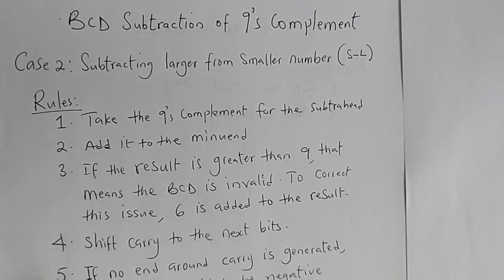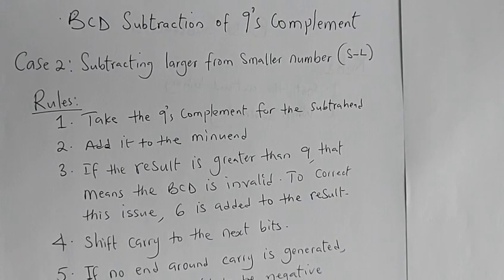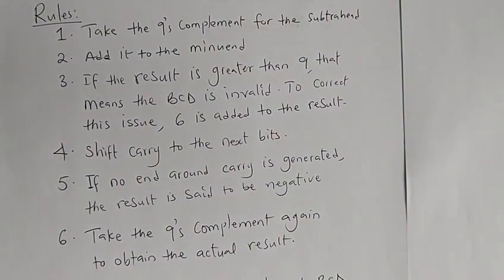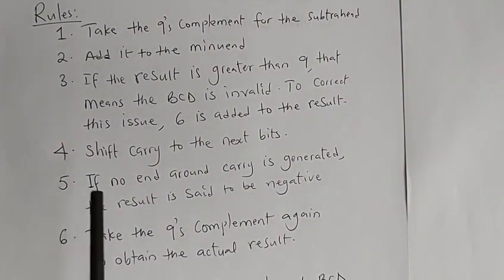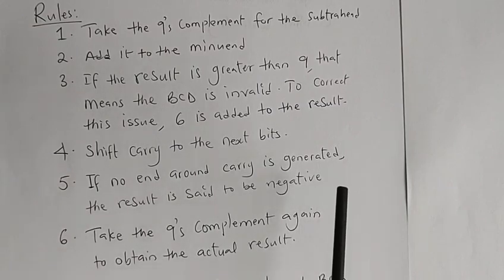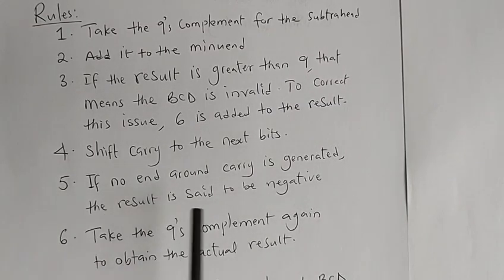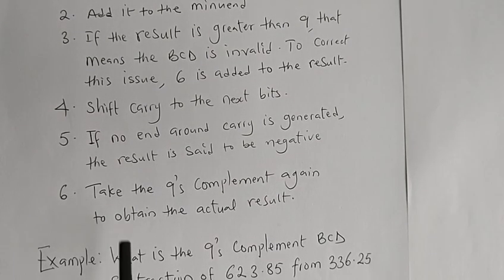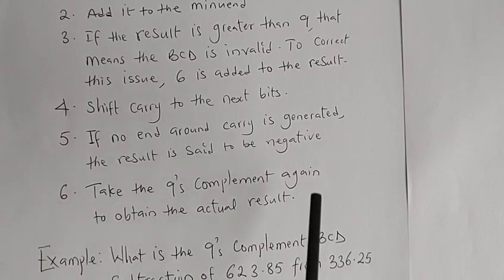5. If no end-around carry is generated, the result is said to be negative. 6. Take the 9's complement again to obtain the actual result.